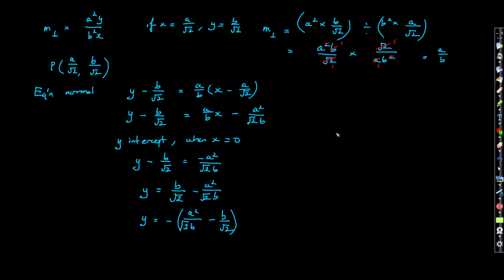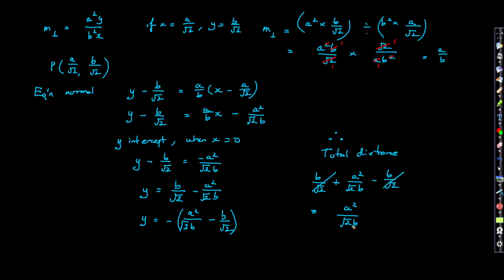So therefore, the total distance is going to be b over root 2, which was that dark blue distance, plus this distance here. And you find that this and this cancel. So we've got a squared over root 2b.